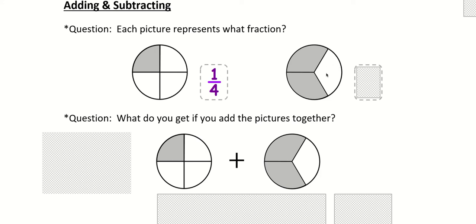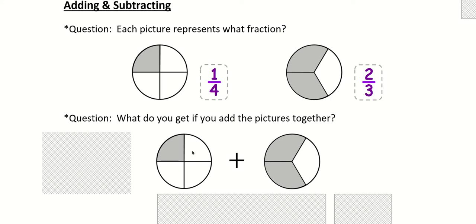So likewise, this picture would represent the fraction 2/3. 2 out of the 3 pieces or sections are shaded. So this is a picture that could represent 1/4, and this is a picture that could represent 2/3.